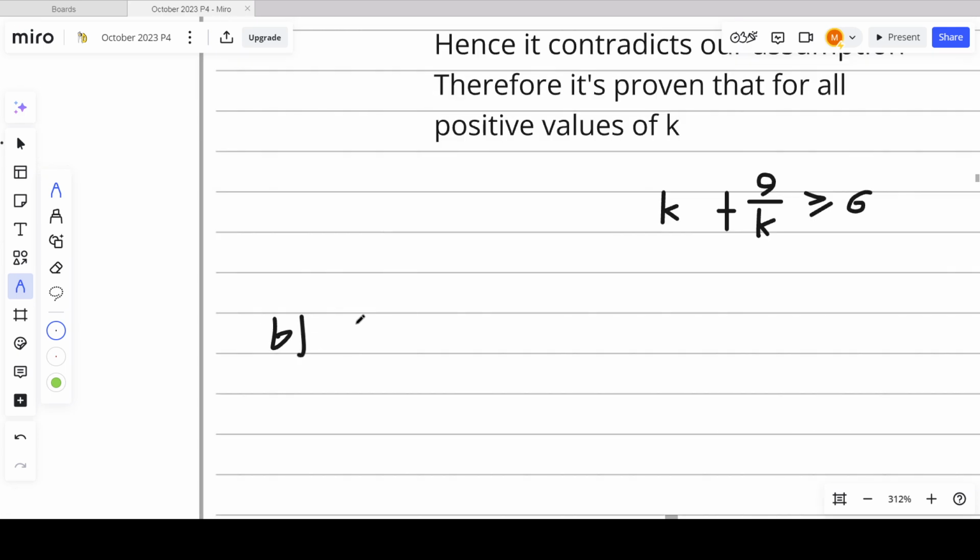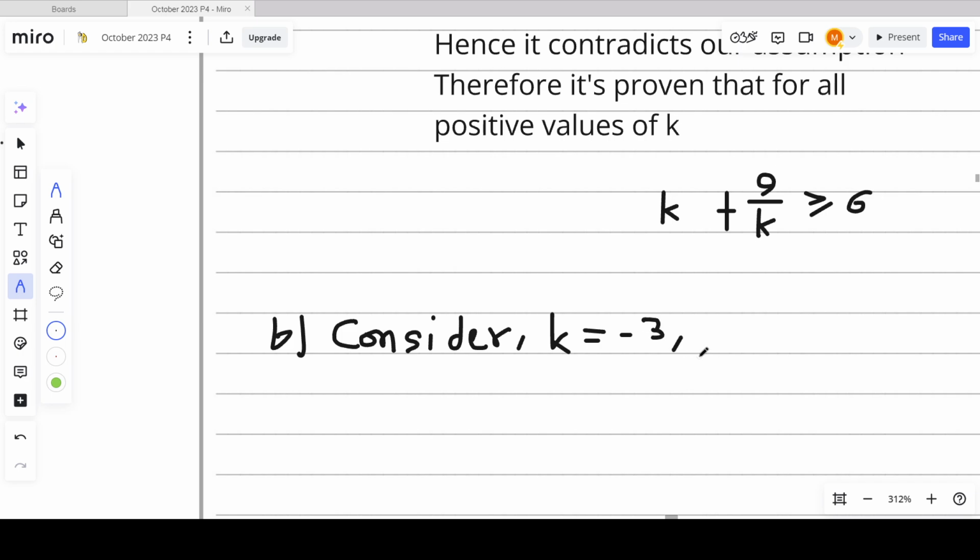So we are considering k equals -3, since they said all real numbers, and -3 is definitely a real number.